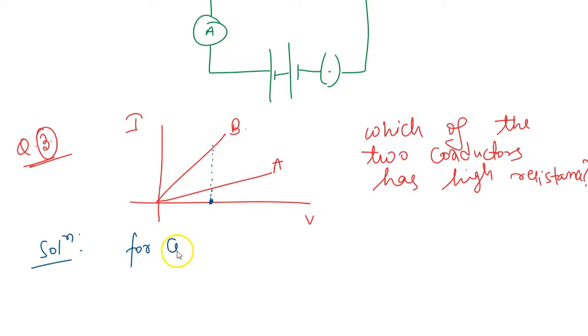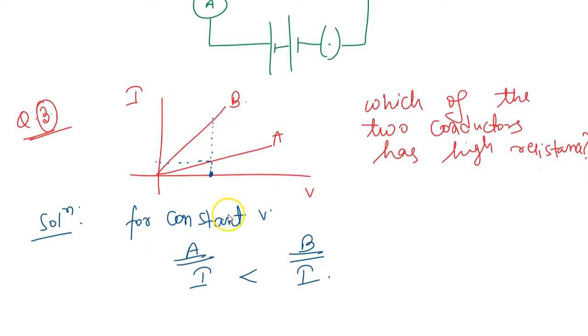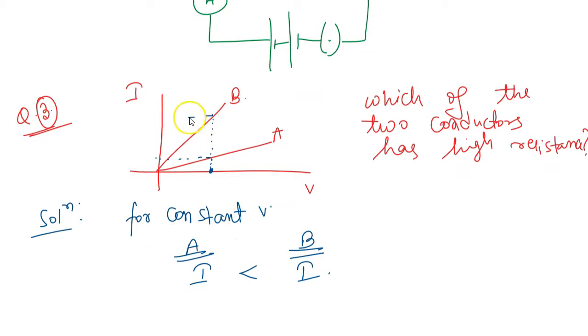So for constant V, we can see that if we look at conductor A, current is less as compared to conductor B, right? Current which is flowing through A is less than current which is flowing through B, right? Because you can definitely see at V voltage, the current in A is less, right? Because lower position signify lower value.